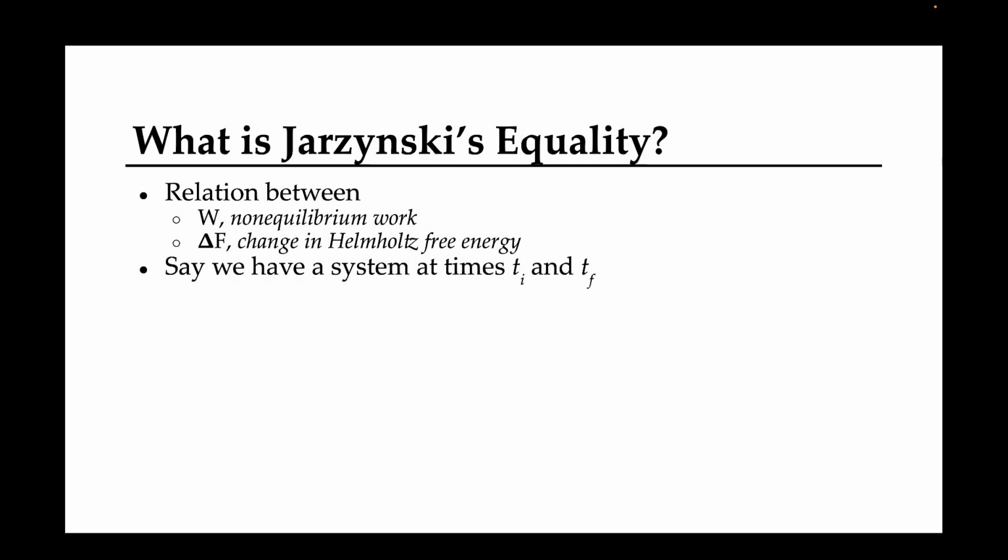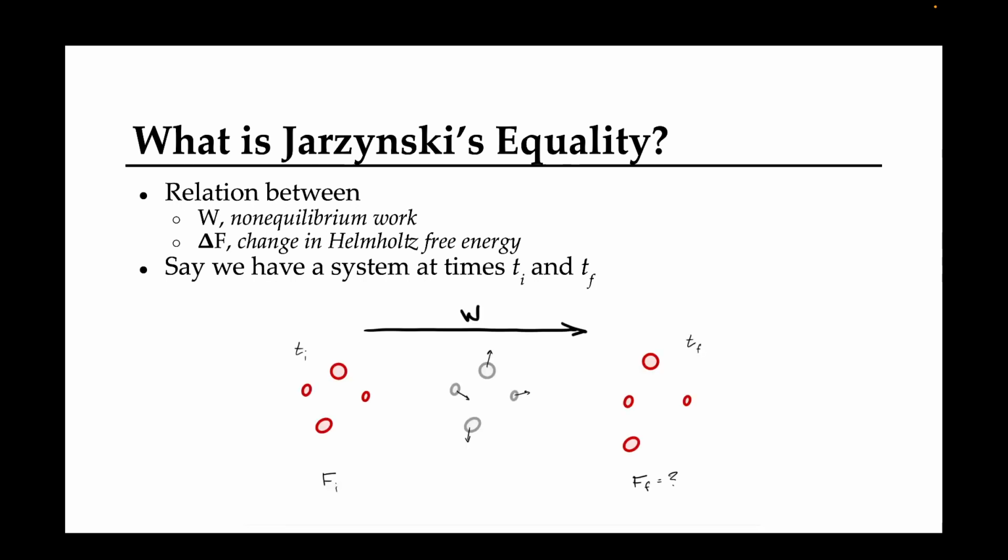Say we have a system that's at two times, T initial and T final, right? And you do some work to change from T initial to T final. Well, if you know the beginning Helmholtz free energy, essentially Jarzynski's equality gives you a way to find out the final Helmholtz free energy. It gives you this difference. And we're going to see how that works.